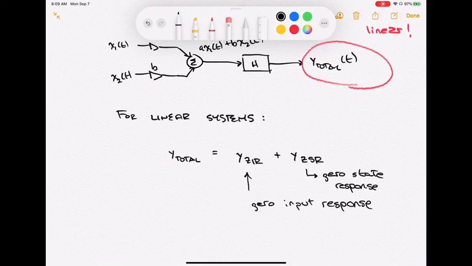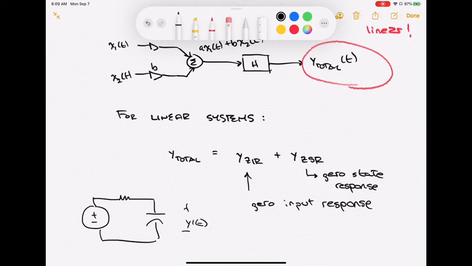Think of a simple case of a circuit. I could have some sort of an input feeding into a resistor and a capacitor, and we could be monitoring the voltage on that capacitor as my output. What are the different ways that I could have some output? Well, I could have stored originally some charge on that capacitor, even if I had no input.